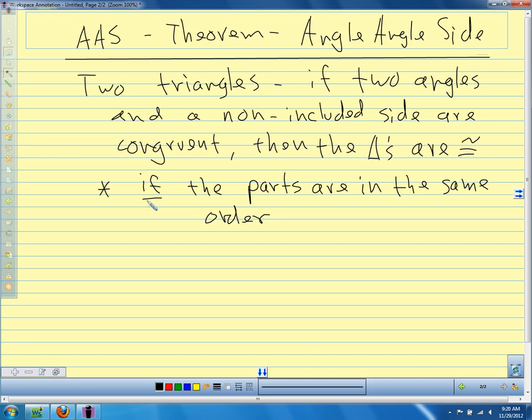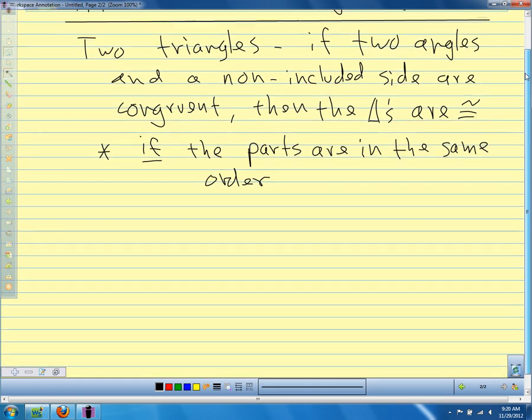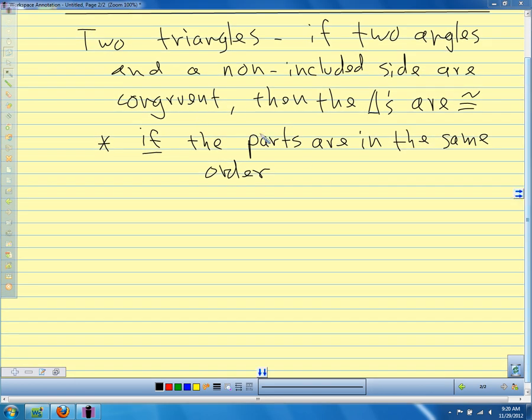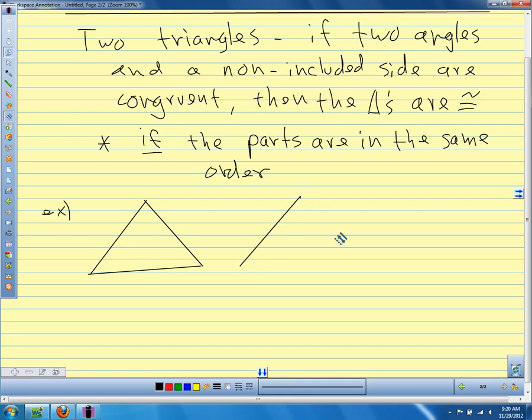So this next example is really the important one for angle, angle, side, because we'll show why we have to make sure the parts are in the same order. All right, any questions on this part? Okay, so let's look at why we have to be careful. So we're going to set up our triangles like we did last time, but we'll make a slight change.